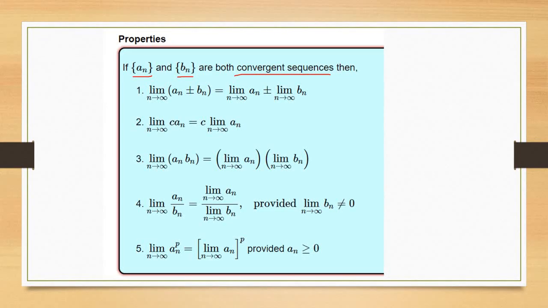So number 1, the limit of the sum or the difference of the two convergent sequences as n approaches positive infinity is equal to the limit of a sub n added to or subtracted from the limit of b sub n as n approaches positive infinity.